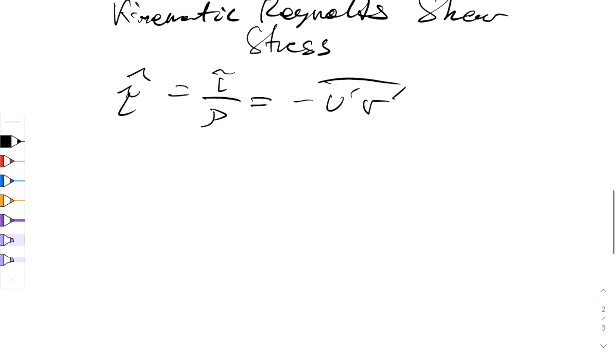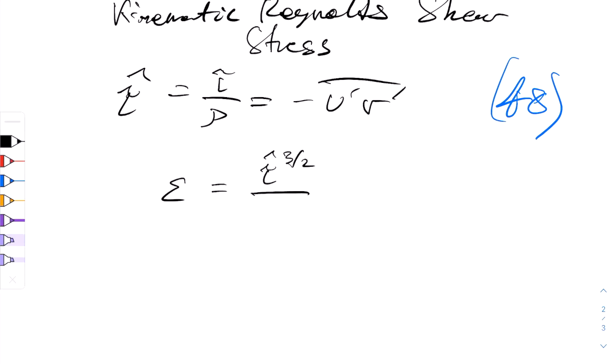So we can do some dimensional analysis and show some dissipation, and Bradshaw and his colleagues wrote that dissipation will go as tau hat to 3/2 all over L, where L is some characteristic length scale.